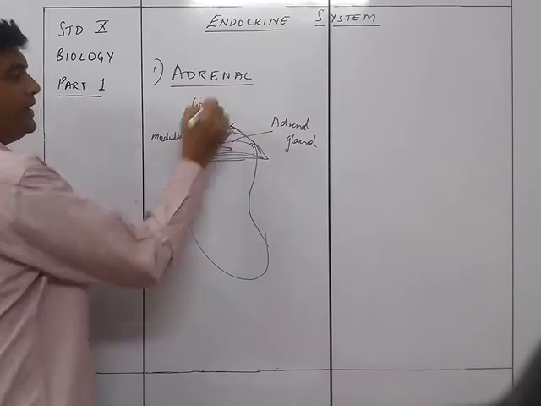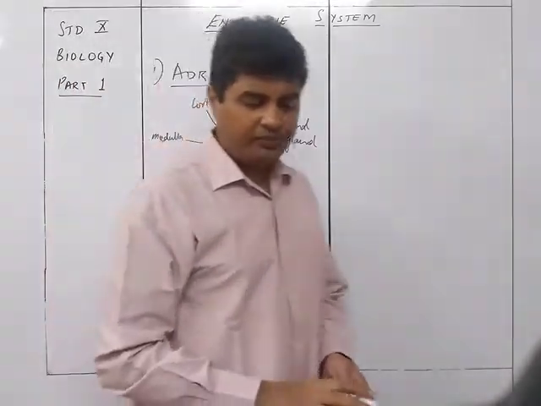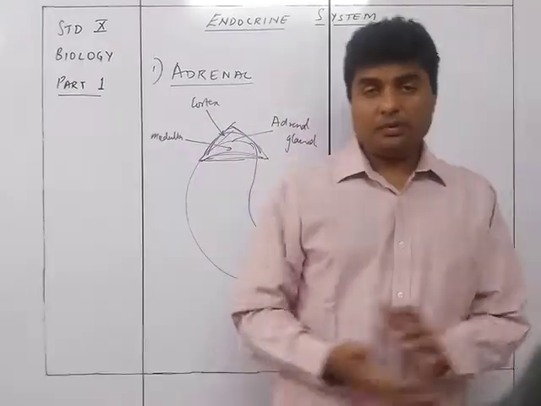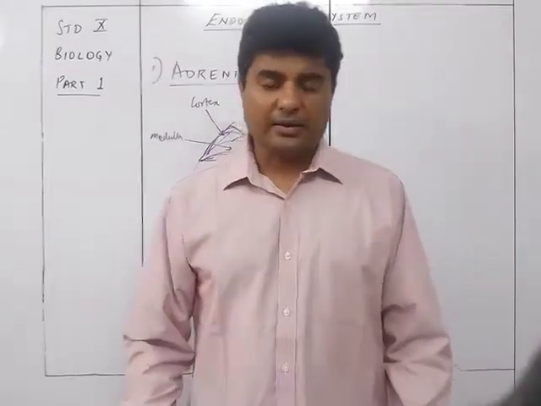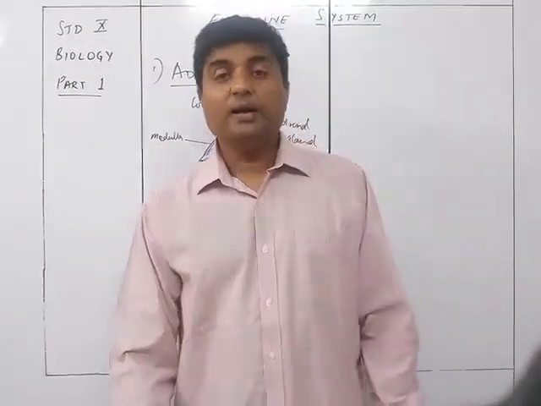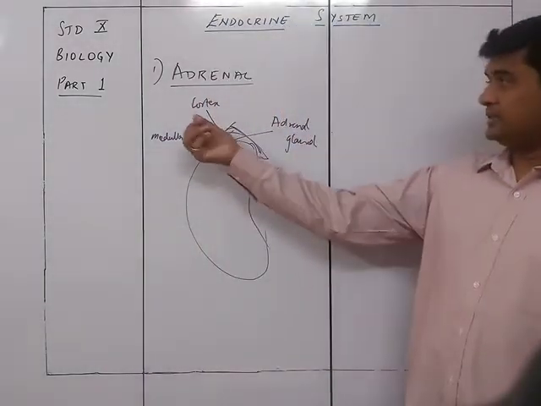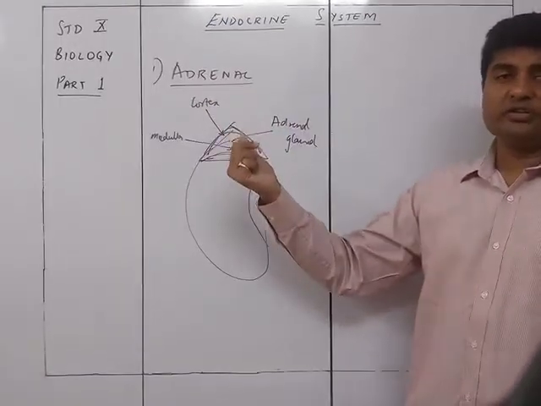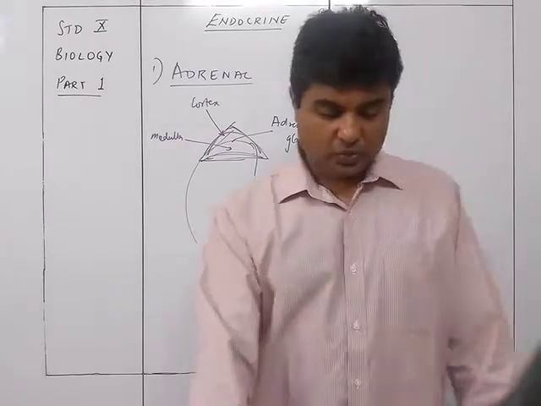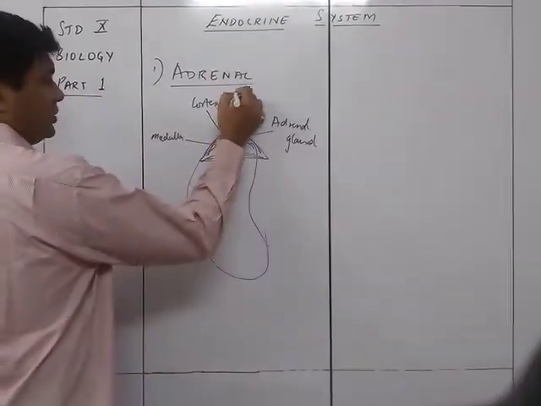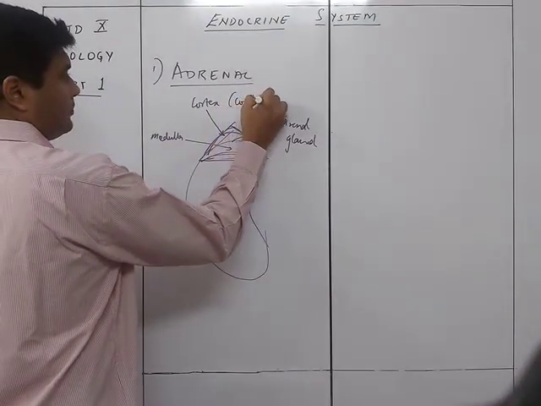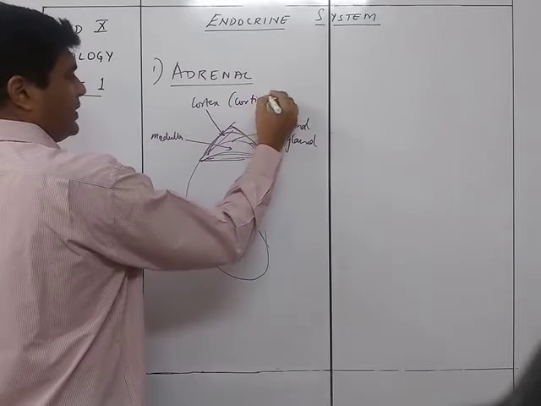So accordingly, you have two regions of the endocrine gland, the adrenal gland. The outer part is the cortex, which produces all the cortisones. So we know that cortex or the corticoids. Why corticoids?